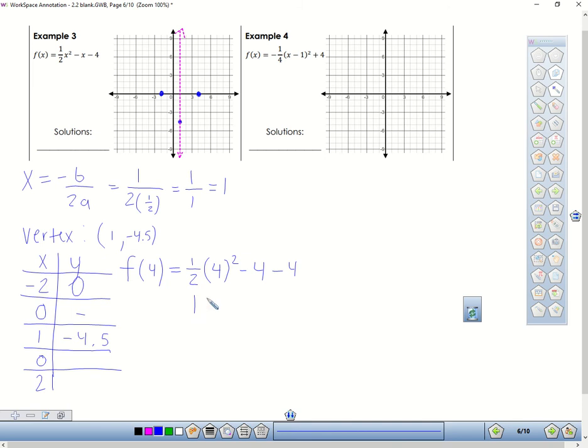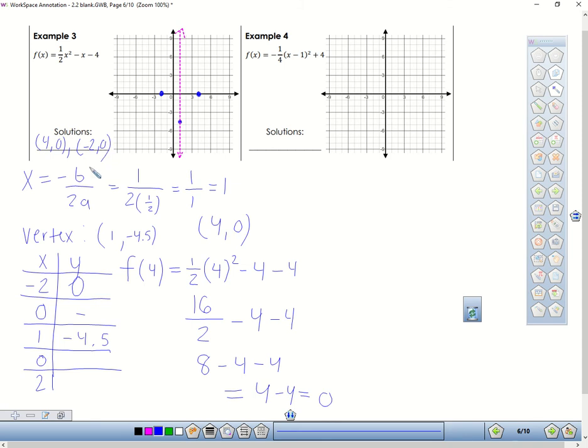Well, that's going to be 16 divided by 2 minus 4 minus 4. That's going to be 8 minus 4 minus 4, which is 4 minus 4, which is 0, right? So 4, 0 is one of my solutions, and negative 2, 0 is one of my solutions.